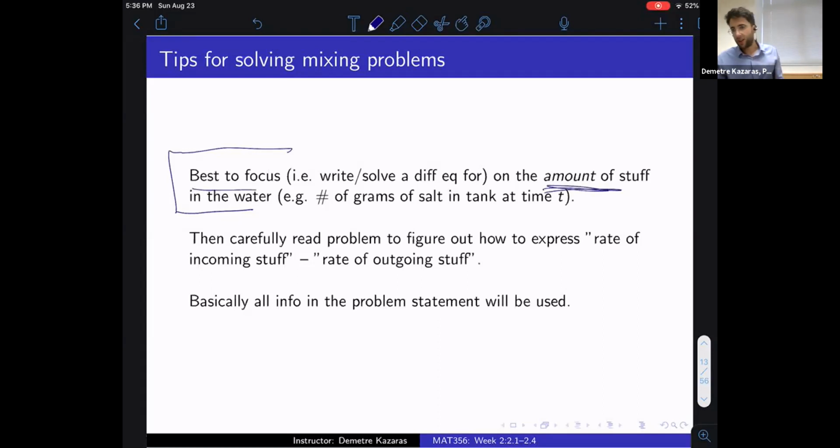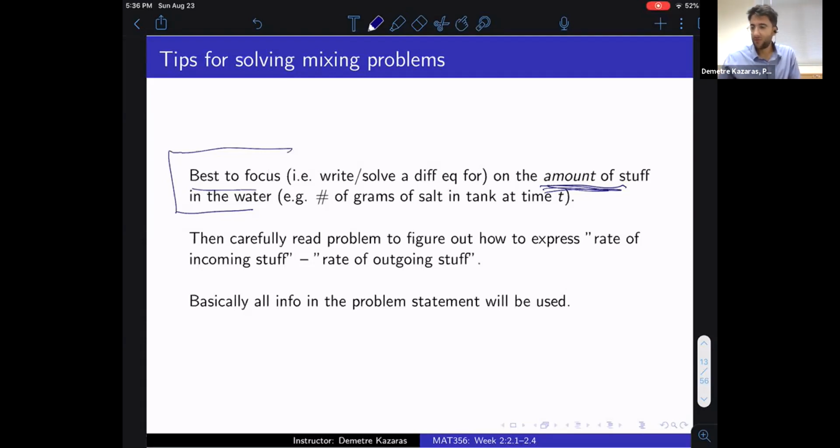All of these problems are variations on particles suspended in water, grams of salt or some pollutant in something else, what have you. But the thing to focus on is the absolute amount of stuff, as opposed to say the proportion of stuff. The thing to focus on is the amount of stuff in the water, number of grams of salt. That's what you want to write a differential equation for.